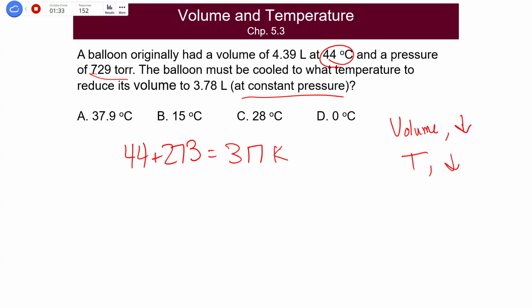Okay, we'll give you like 30 more seconds. Notice what units your answer choices are in. What do you have to do once you find your temperature? Hint, hint.